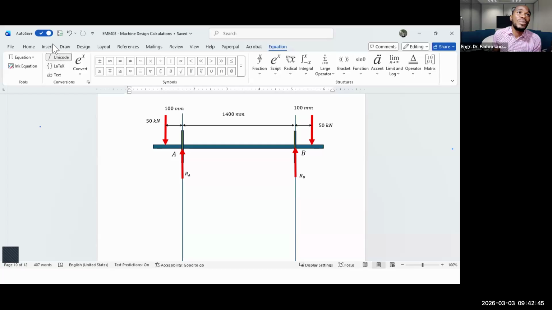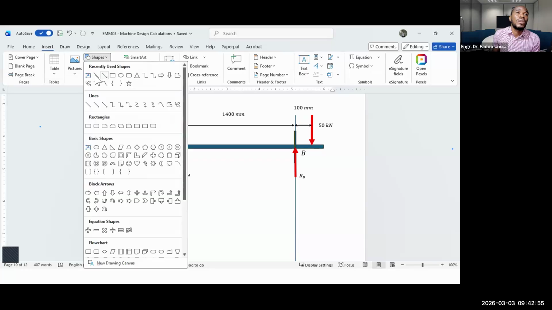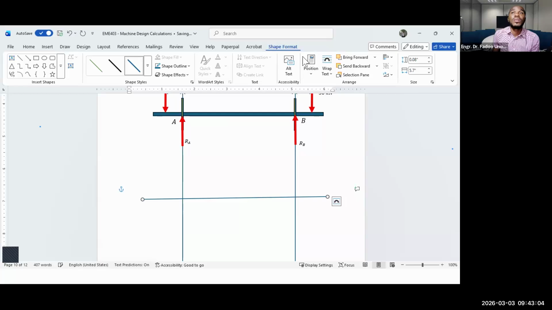So if we are doing that, we will take a line right here, a horizontal line. It has to be horizontal. So 0 there.